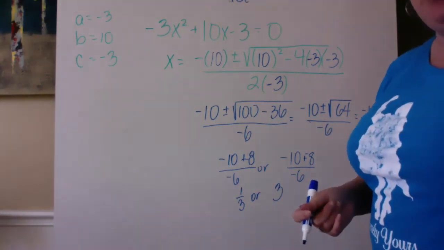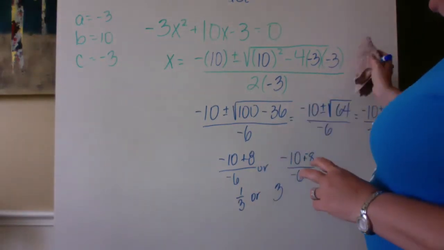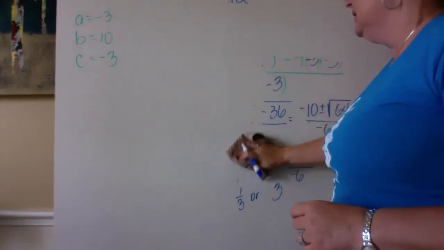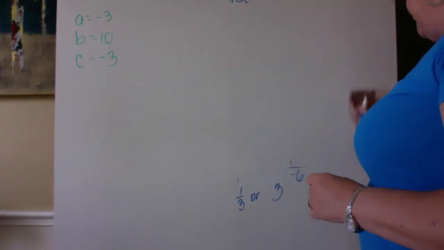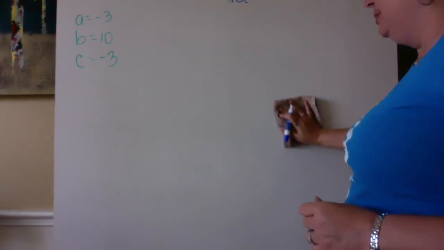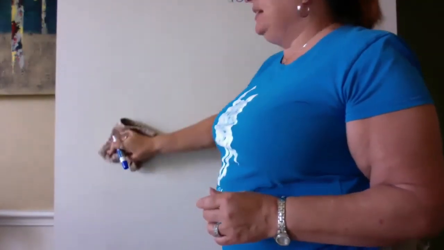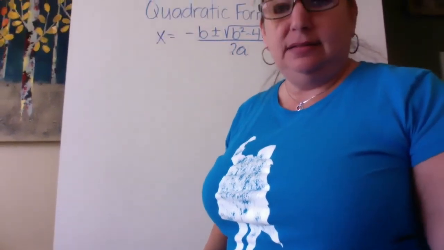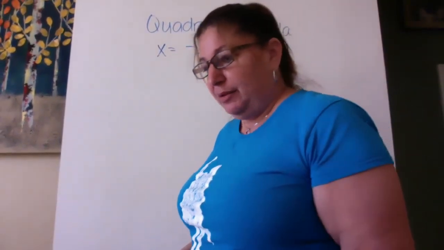Using the quadratic formula is actually pretty simple. It's just a question of whether you can plug in the numbers and do the math. Once you plug in the numbers, there's no real difficulty in doing the math. It's just a question of following through.